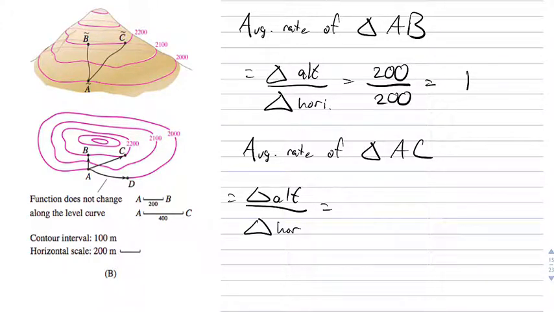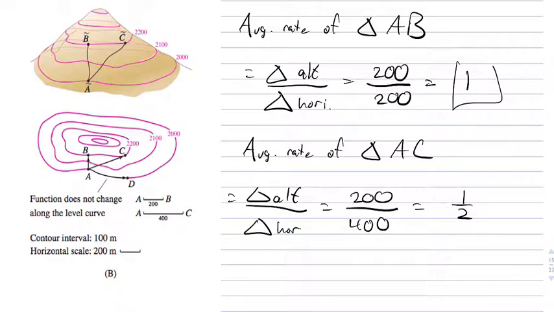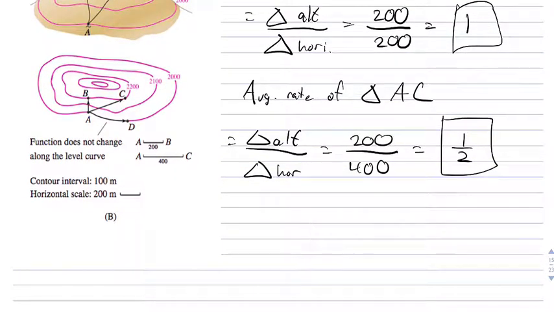So the change in altitude, now from A to C, again, we go from 2,000 meters to 2,200 meters. So that change is 200 meters. But then the horizontal is also given here, and it says that the horizontal change is 400 meters. So then this would be 400. So then we get an average rate of change of a half, or 0.5, from A to C.